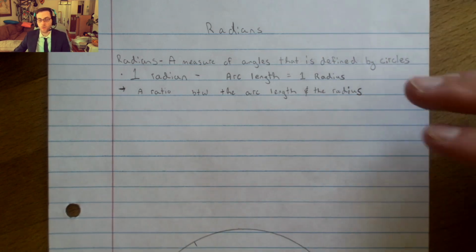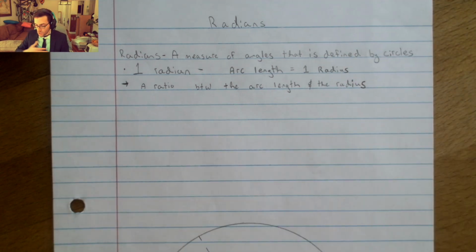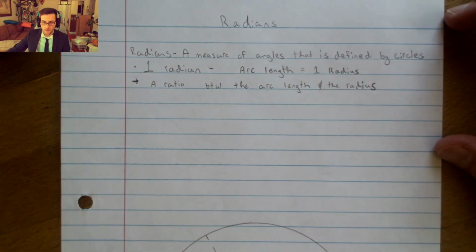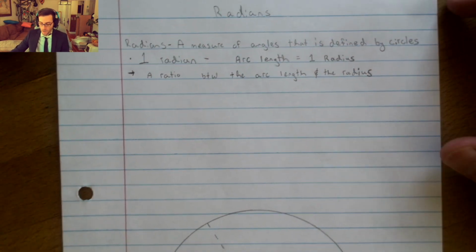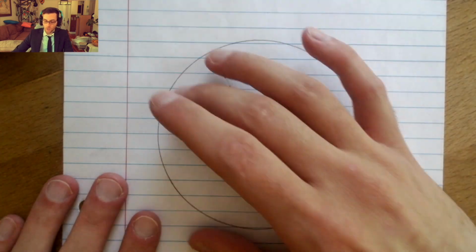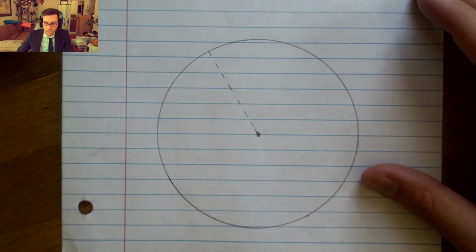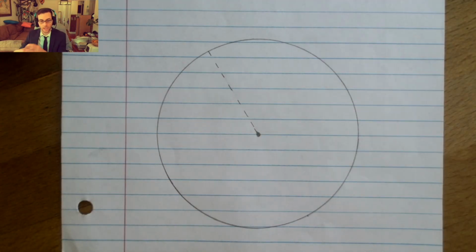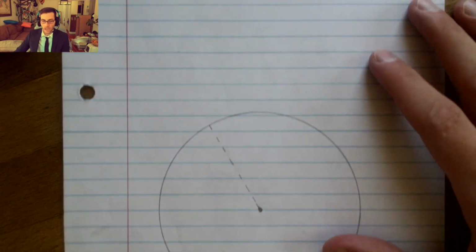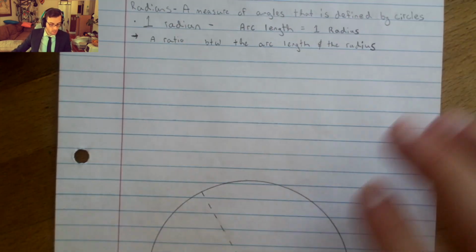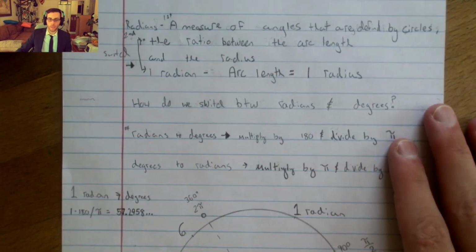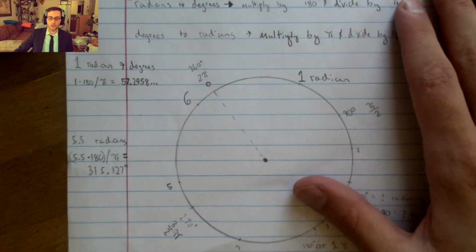How I set up my page: I had my definition of radians and the concept along the top. I'm then going to use a circle to demonstrate what a radian looks like and how it moves around the circle, and then we're going to come up with an equation in the center. In total, we should have something that looks a little bit like this when we get to the end.